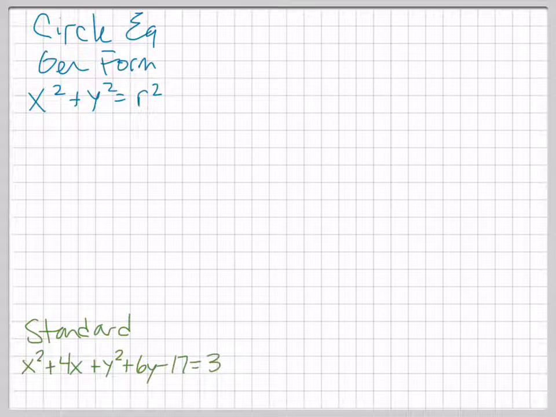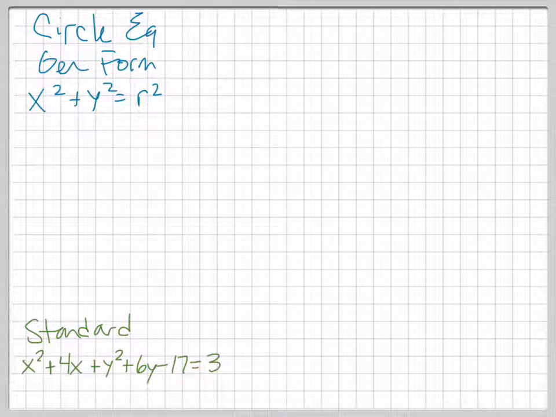Notice how there's another variable involved. So not just squared terms like x squared, y squared, r squared. The radius is embedded in the standard form equation, and there are linear terms that have been added, meaning just the terms with x to the first and y to the first.